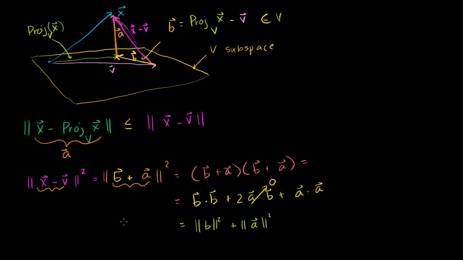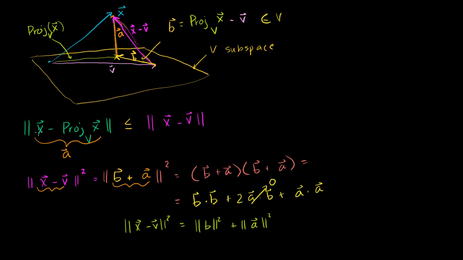So we get the distance between x and some arbitrary member of our subspace squared is equal to the length of b squared plus the length of a squared. Now, a was the distance between our vector x and our projection. That's the definition of a.